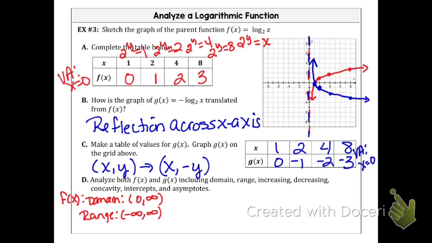Increasing or decreasing, we can see it's increasing at a decreasing rate. Concavity, it's concave down. Intercepts. We have an x-intercept at (1, 0). There is no y-intercept. And your vertical asymptote at x equals 0.